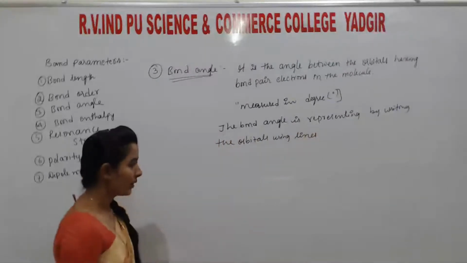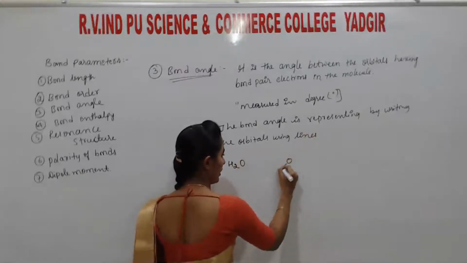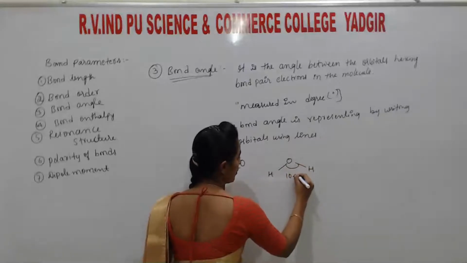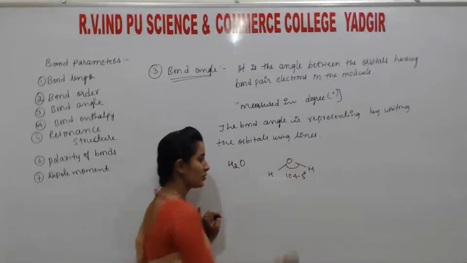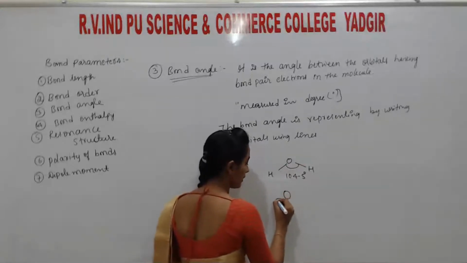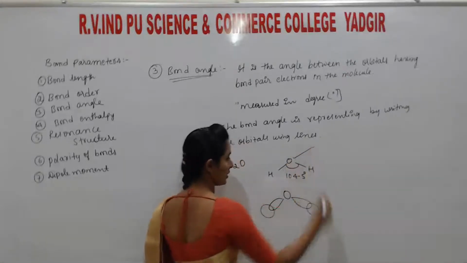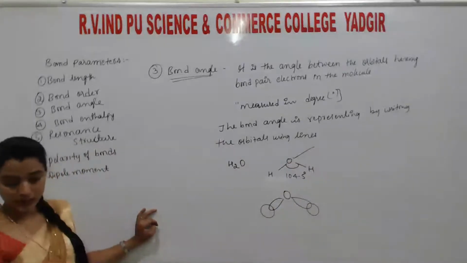Means, for example, if H2O molecule is there, we are writing like this. Here the bond angle is 104.5 degrees, like this. So these orbitals are like this, but instead of this, they are represented like this for our convenience. Understand?